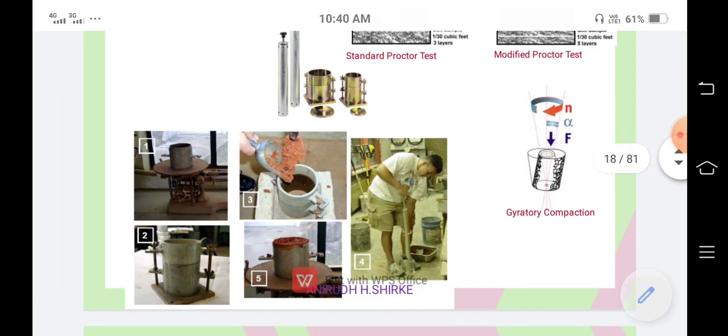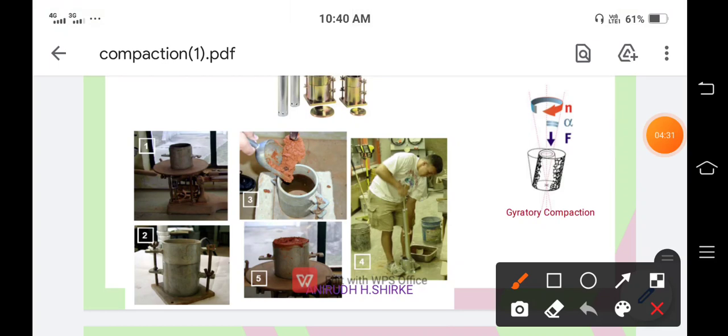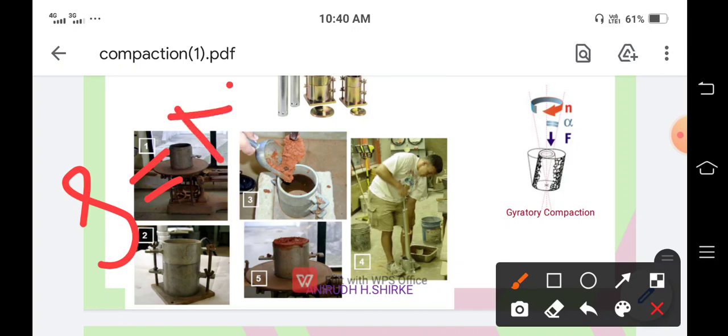Our final target is to find out the dry density. First of all, we have to find out the bulk density, that is mass upon volume.